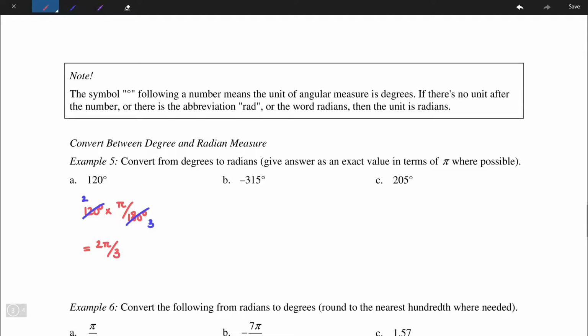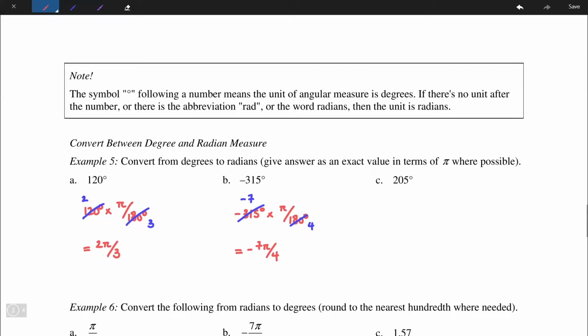Likewise, for the second example, here we have negative 315 degrees. Again, we're going to multiply by pi and divide by 180 degrees. In this case, we have a common factor of 45. So this would be -7 and 4. So negative 315 degrees in radians is -7 pi over 4.